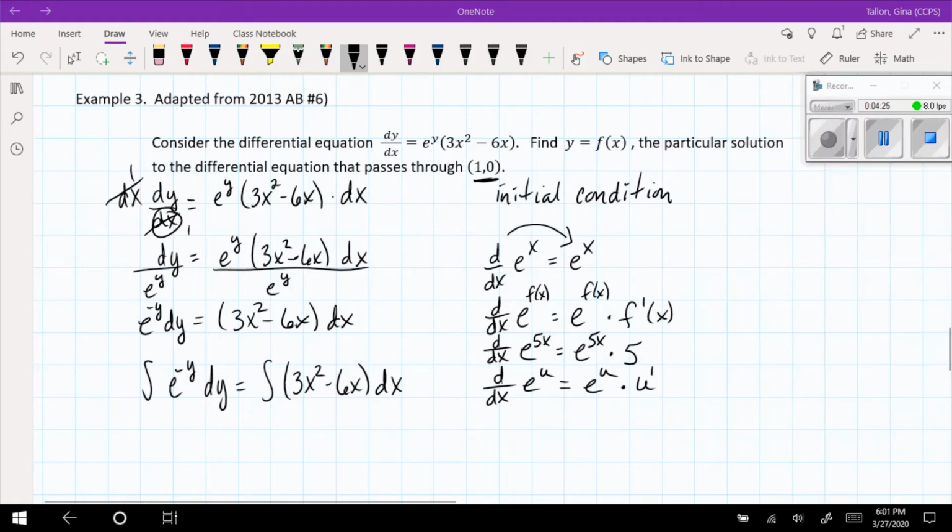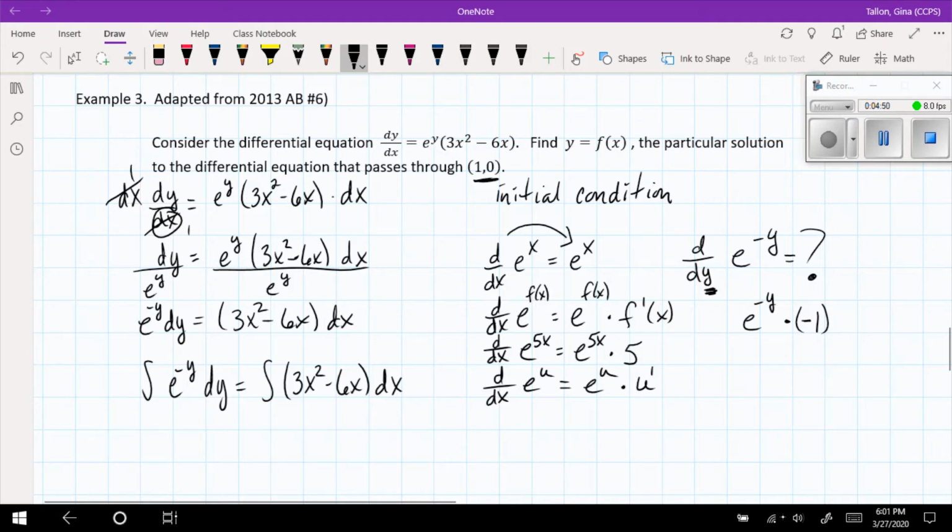What if I asked you to take the derivative with respect to y of e to the negative y? What if I asked you to do that problem? I'm hoping you would copy e to the negative y and then take the derivative with respect to y of this exponent. And the derivative of this exponent with respect to y would be a negative 1.